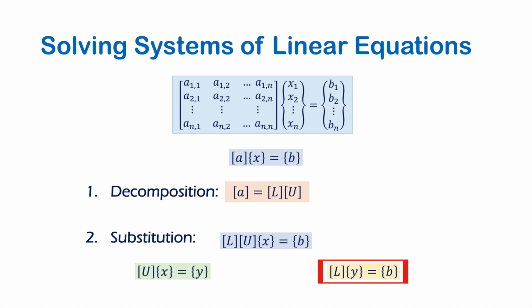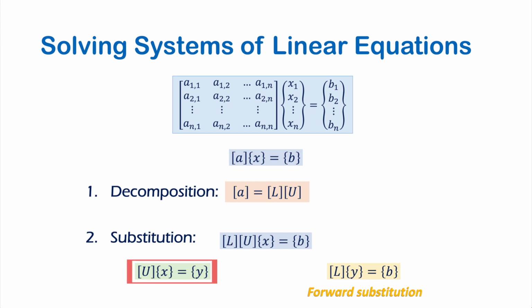Since b is known, this system of the lower matrix should be solved first to get y. And because the coefficients matrix here is lower triangular, that can be done by the forward substitution. In the second step, by using y as the constant terms vector of the upper matrix system, it can be solved for x by backward substitution in the same way as in the Gauss elimination method, which I explained in detail in a previous video in this channel.